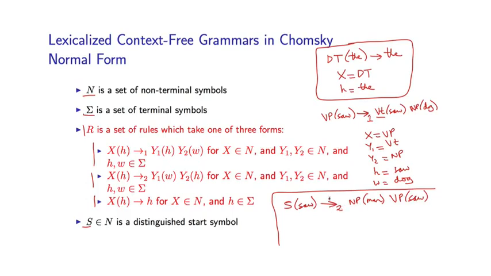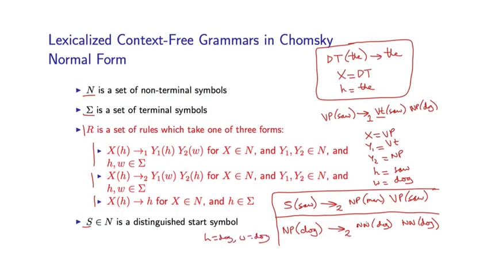So this annotation on the arrows is a pesky detail, but it's important, because it avoids ambiguities. If, for example, I have NP_dog goes to NN_dog, very unlikely but possible, where h is equal to dog and w is equal to dog, we're just going to be careful to specify which of these two children the head word came from.